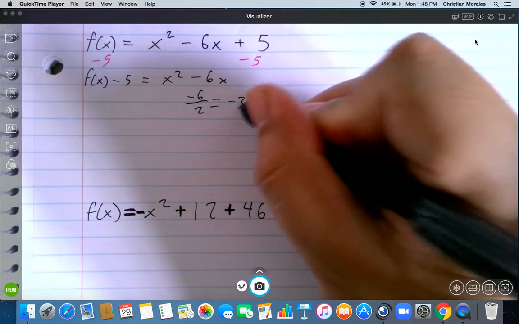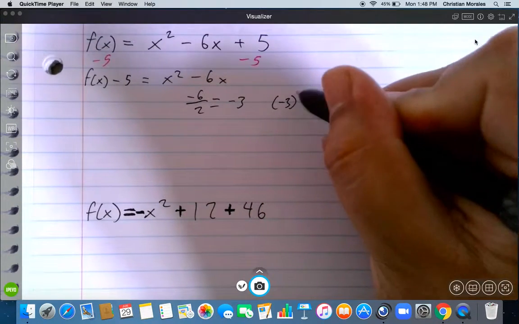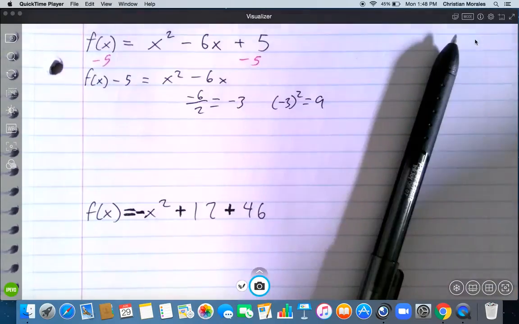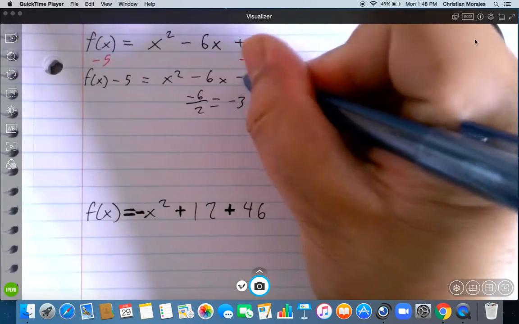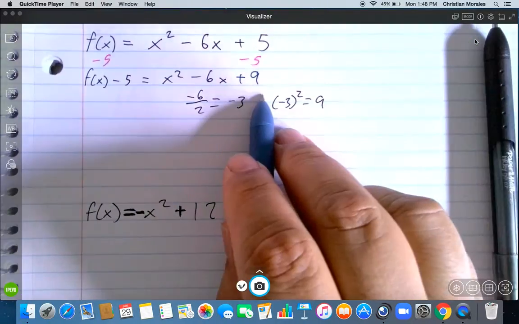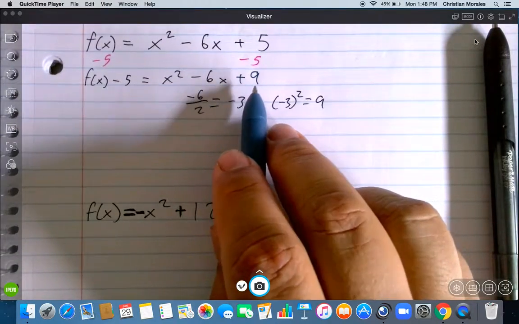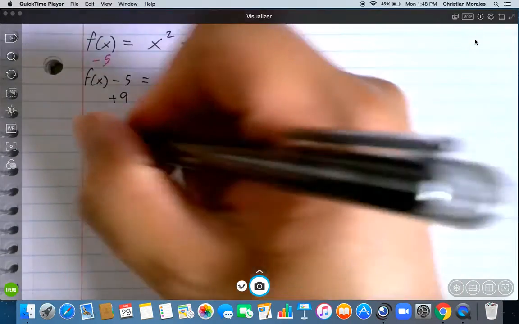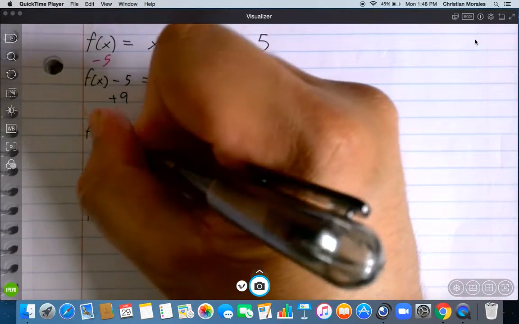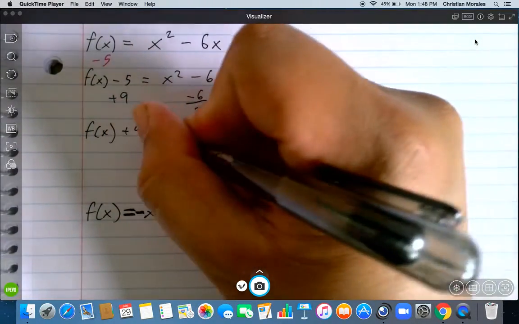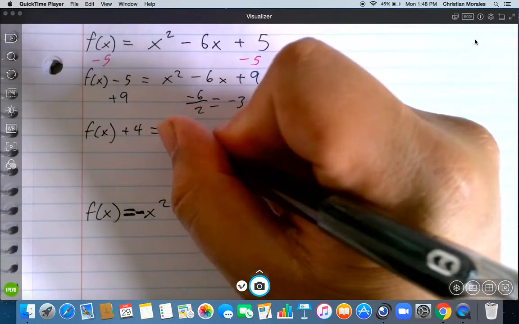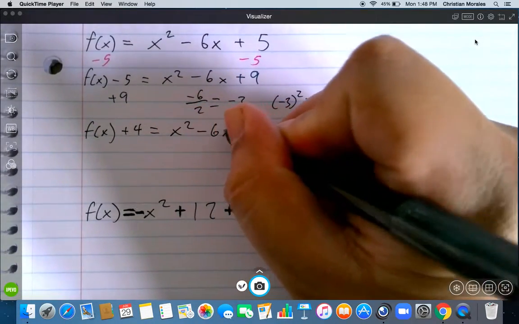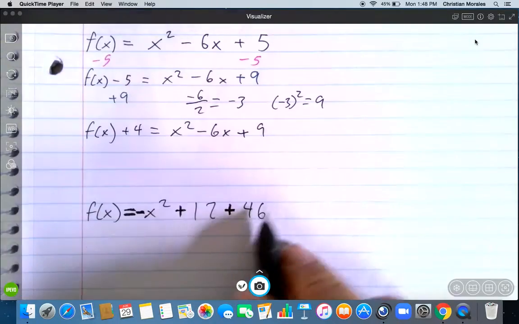We're going to take negative 3 and square it. We get 9. So my perfect square number for there is 9. But because I'm adding a 9 there, I'm also adding a 9 here. So now I get f of x plus 4 equals x squared minus 6x plus 9.